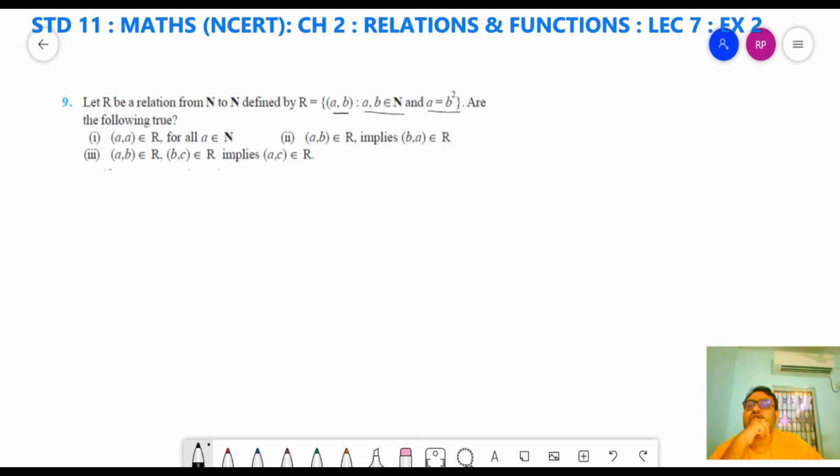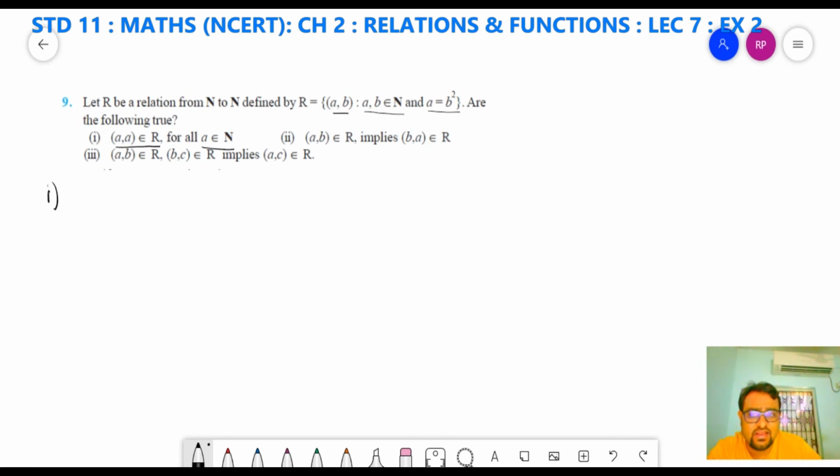Are the following true? First, (a, a) belongs to R for all a belonging to N. So let's solve the first one.